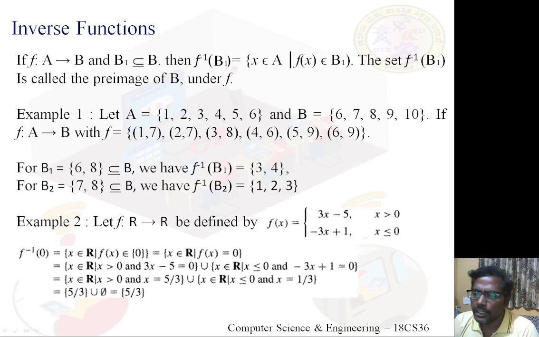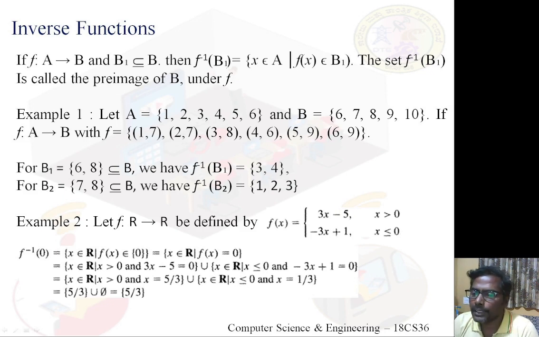Second case. Now let me assume minus 3x plus 1 equals 0, and I am going to find x to be 1 by 3. And this 1 by 3 is not less than or equal to 0.